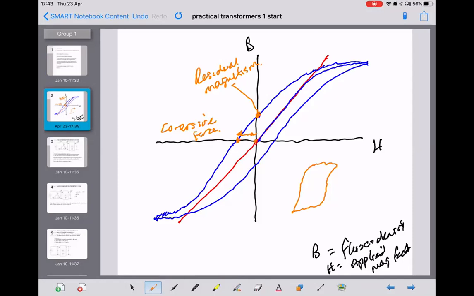Some of the magnetism to make it reverse in the opposite direction is needed to remove that residual magnetism from the positive half and so on. Because we've got a coercive force here as well, and a residual magnetism here. Everybody happy? Yeah, that's good.